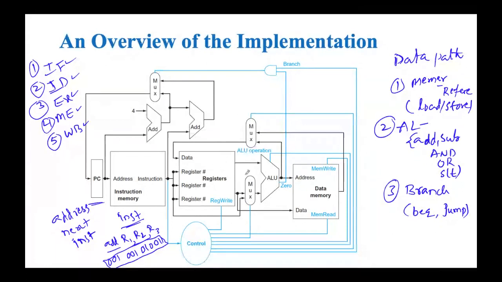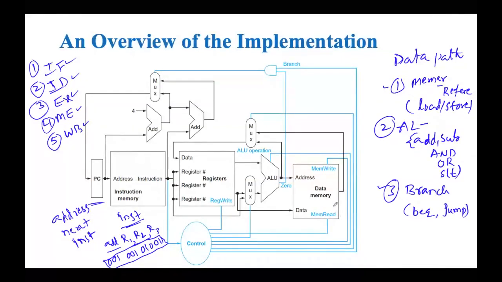Another memory will be there, which we call the data memory. This data memory is used when the branch instructions and the memory reference instructions are being implemented.